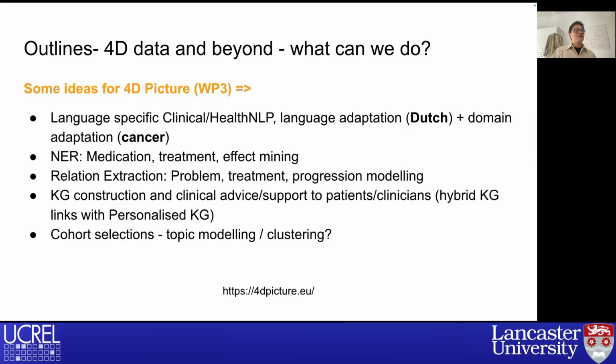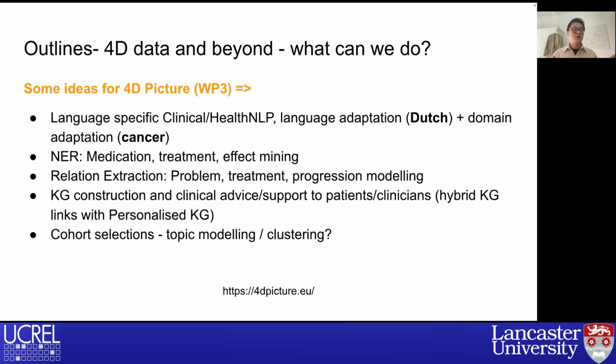Under 4D, we have different work packages. For work package 3, I think Paul is the lead. Maybe he knows better than me. Work package 3 is the text mining part. What I want to contribute is language-specific models, for example adapted to Dutch, and domain-specific models, for example adapted to cancer, not only general electronic health records.